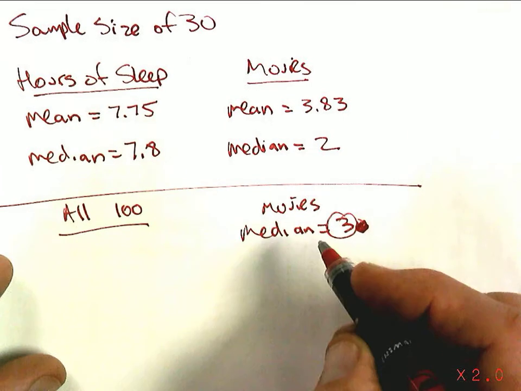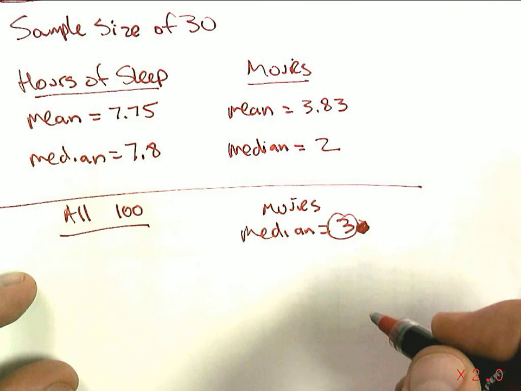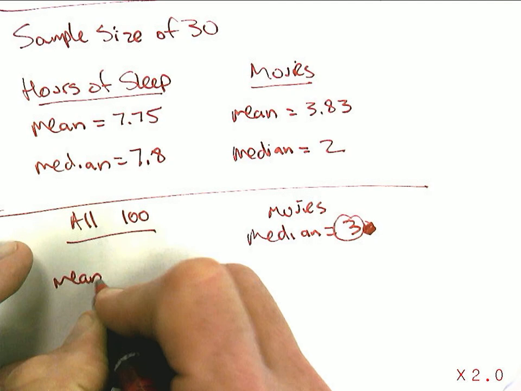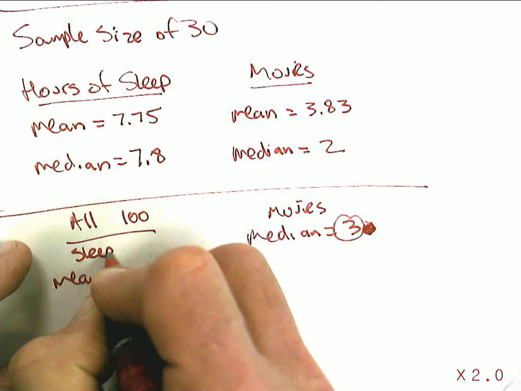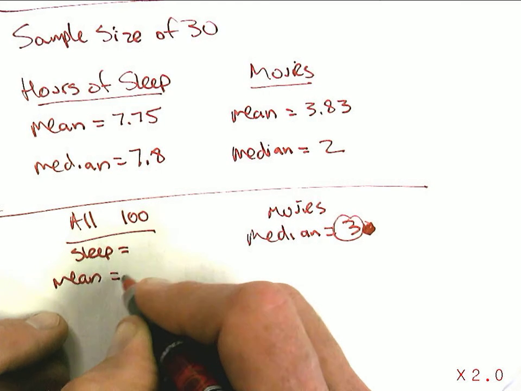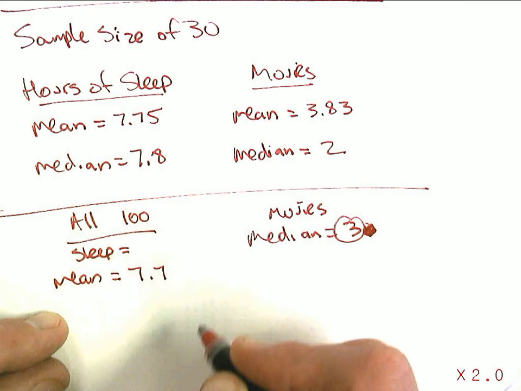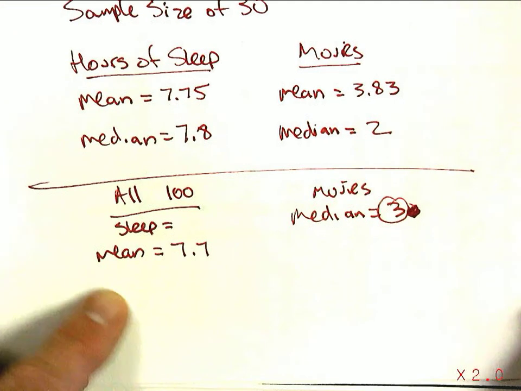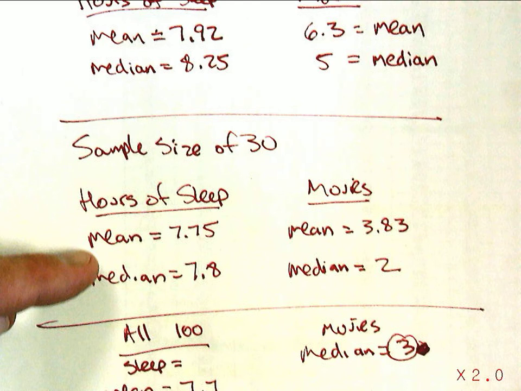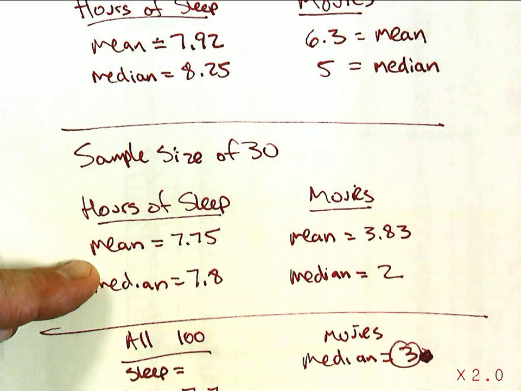The other thing that the book tells us is that for the entire population, the mean number of hours of sleep is 7.7 hours. Now, if you think about that, for all 100 students, the mean is 7.7. I got 7.75 in my sample size of 30.